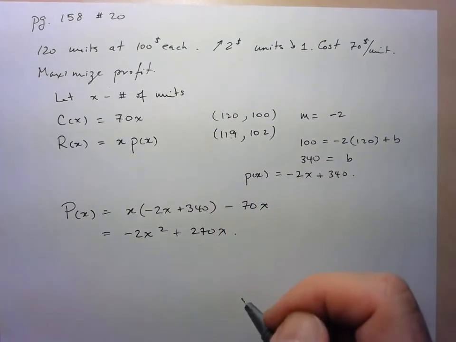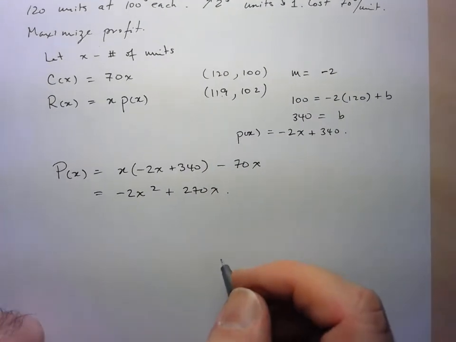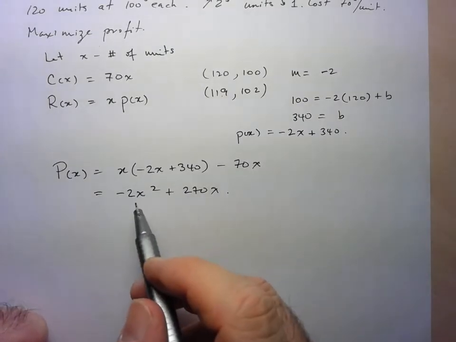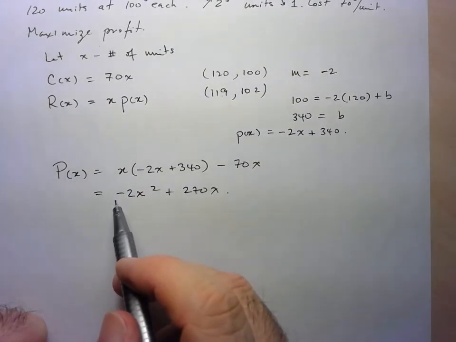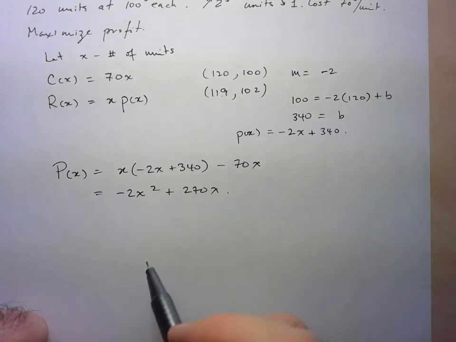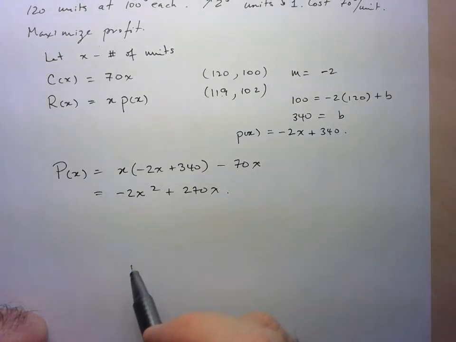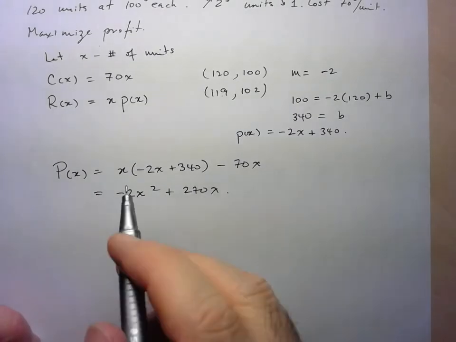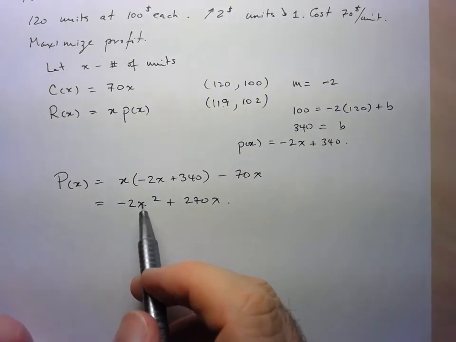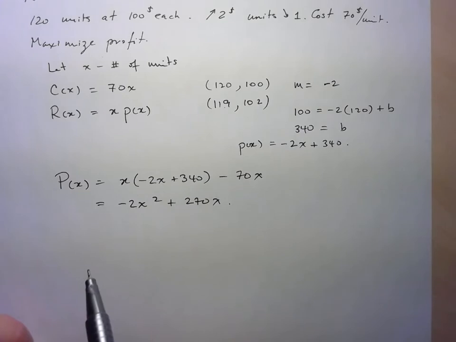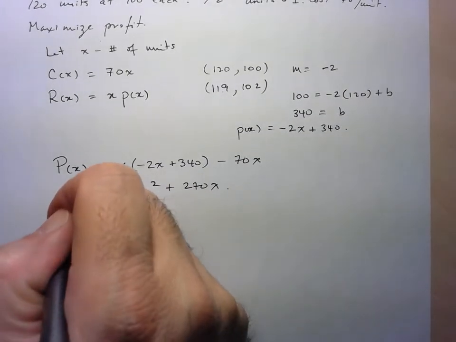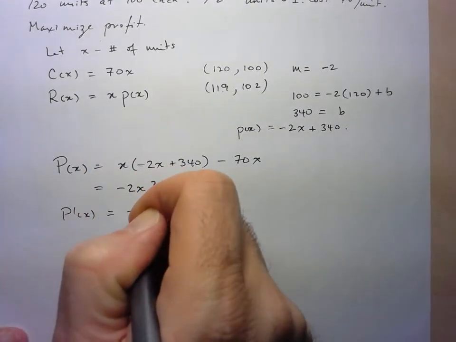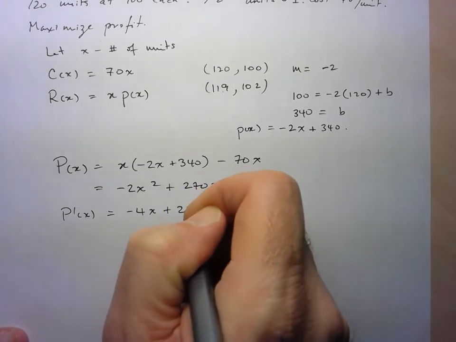So here's my profit function, which I notice is a quadratic with a negative leading coefficient. So I know I'm guaranteed to get an absolute maximum, as long as the x value that gives me the absolute maximum is not a negative number. Okay, so take the derivative, and we get negative 4x plus 270.